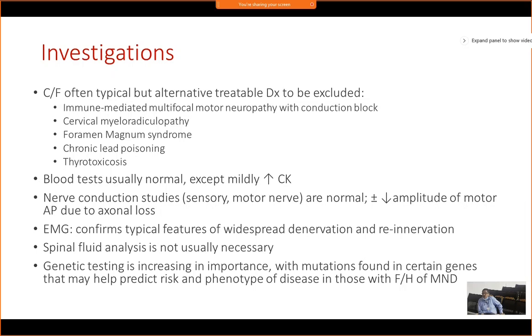Electromyographic studies confirm typical features of widespread denervation and reinnervation. Lumbar puncture and the CSF are normal, and genetic testing can find out those 10% of people who have a genetic tendency for development of the disease, which may help in future counseling.